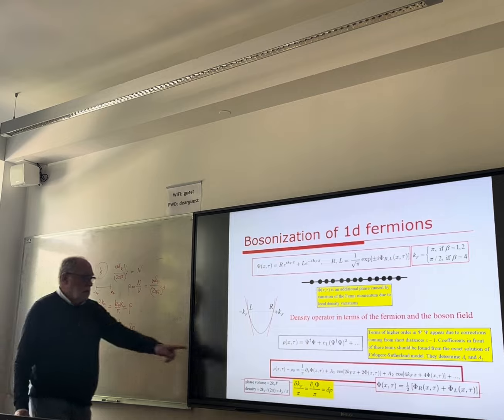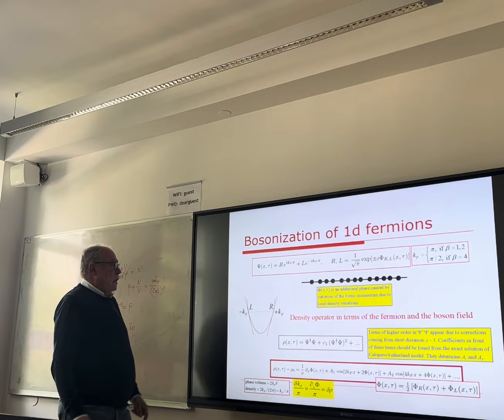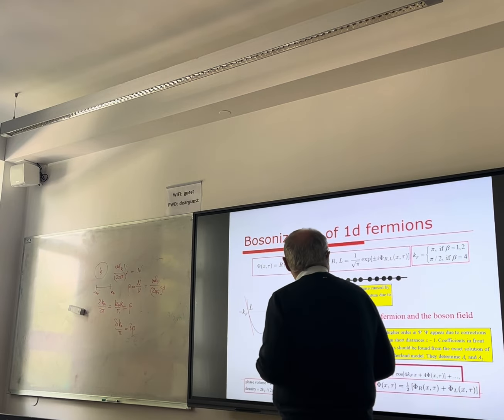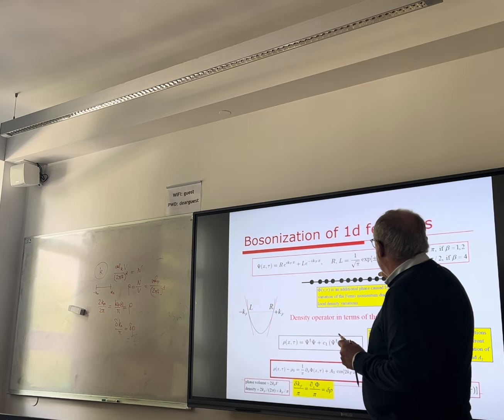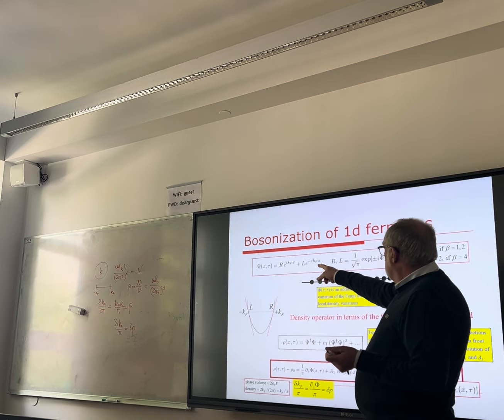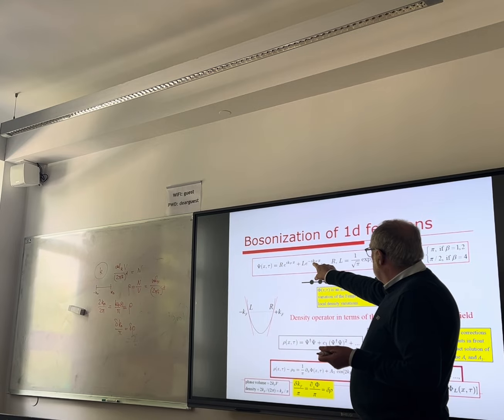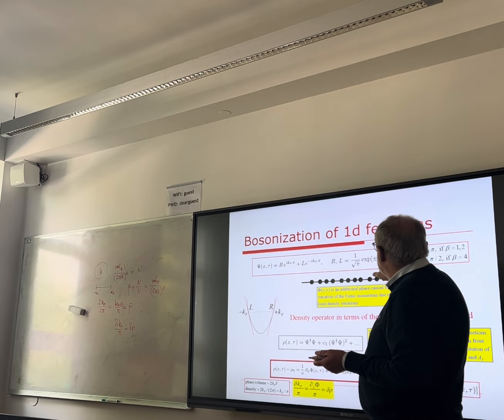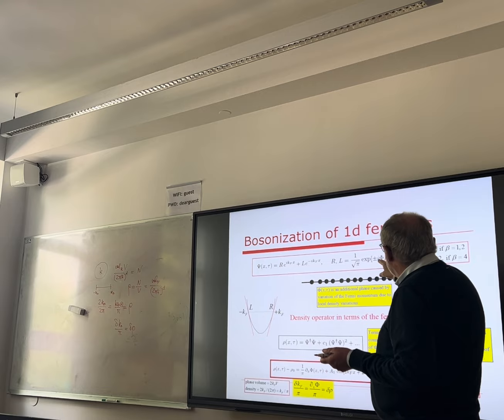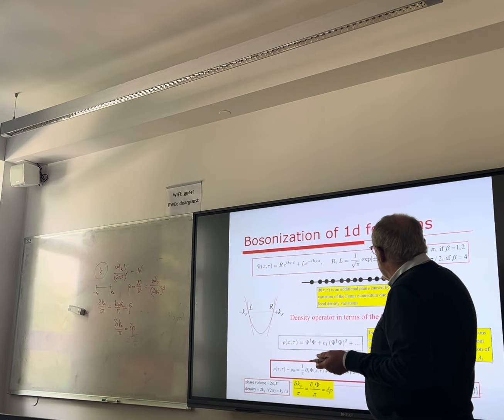This is written here. The variation of the phase is K Fermi x plus or minus this phase.